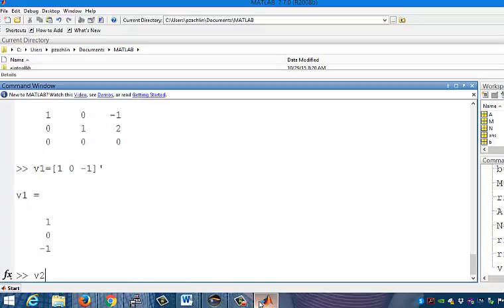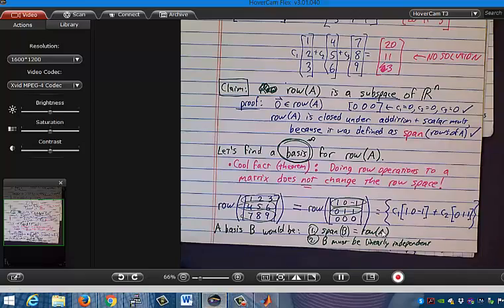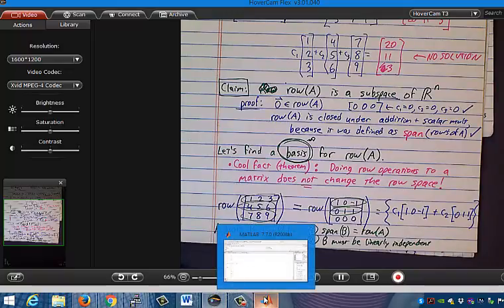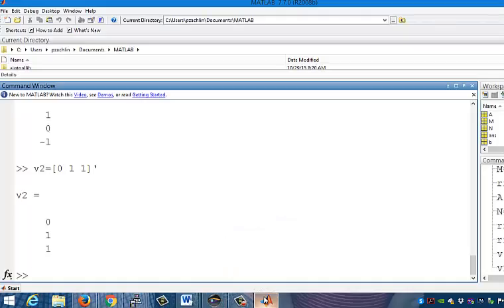And if I say V2 is equal to 0, 1, 1, and put that on its side, right? Now I have the two vectors that I'm saying give us the same row space, right? So now I can try and get some of these vectors that you came up with, right?